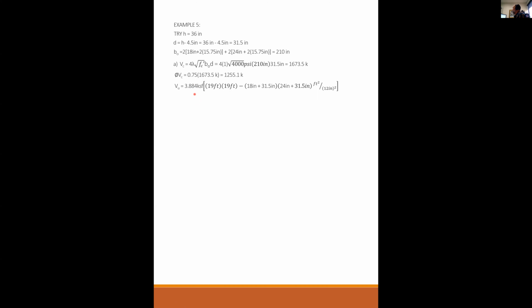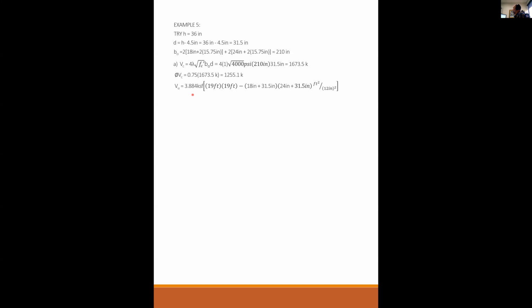I wonder if I check that. But this number doesn't change because remember, qu does not include the weight of the concrete footing. So by making the concrete footing thicker, I did not change qu. As long as the size of the overall footing stayed the same, then qu is the same.